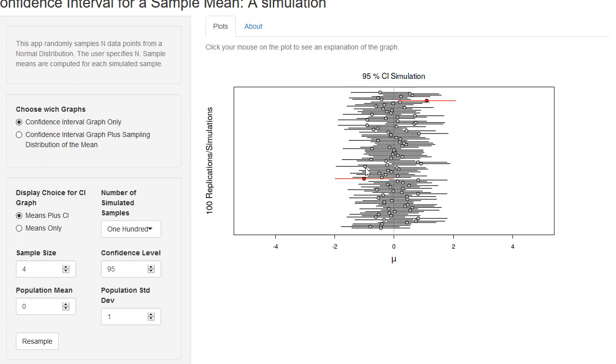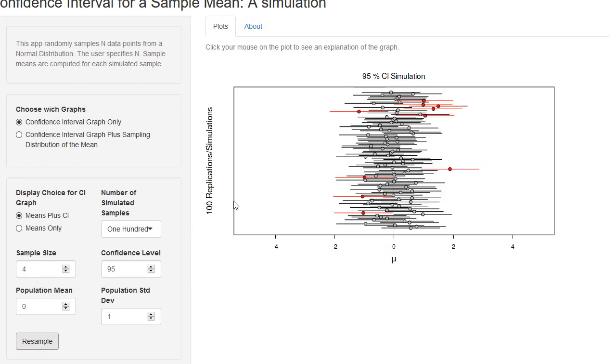We've got 2 intervals that don't contain the population mean, and that means 98 that do. Let's resample 100 different samples, and now we've got 10 that don't contain the mean, those are the red ones, and 90 that do.